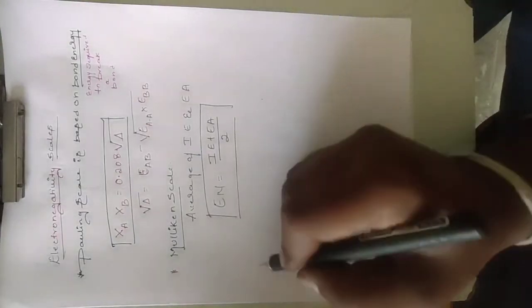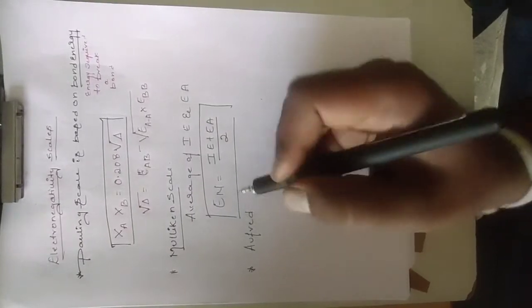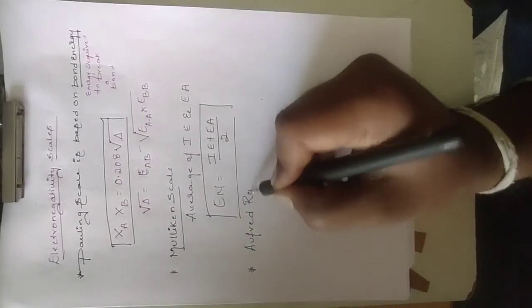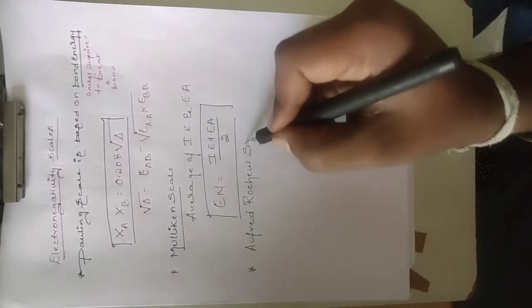Okay, next the third scale we are going to study, that is the Allred-Rochow scale.